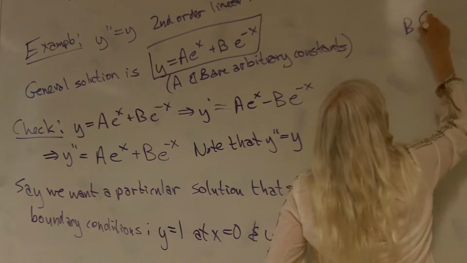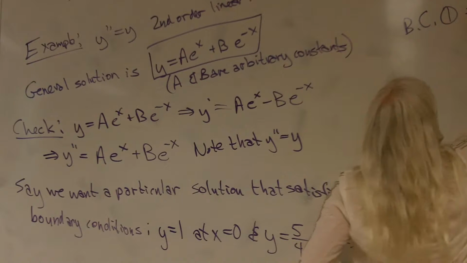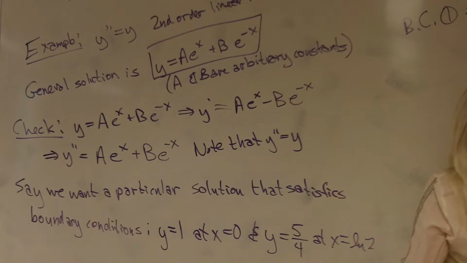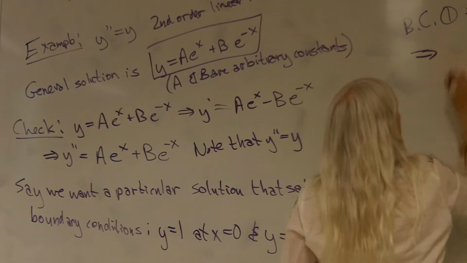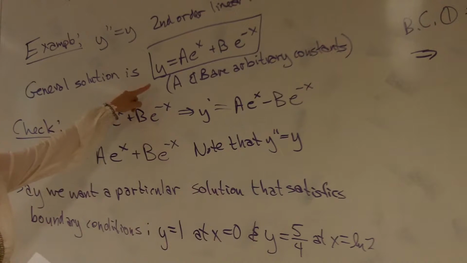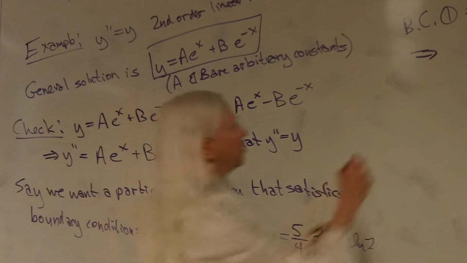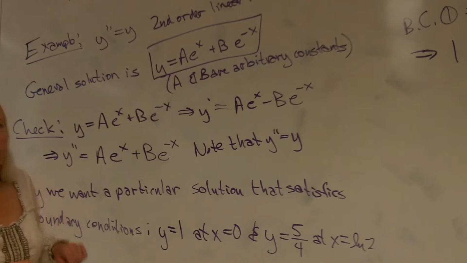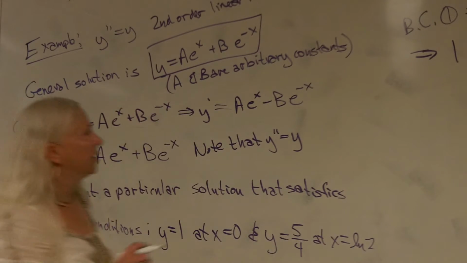So our first boundary condition says that y is equal to 1 when x is equal to 0. So in this general solution, I'm going to plug in y equals 1 on the left side, and x equals 0 on the right side.